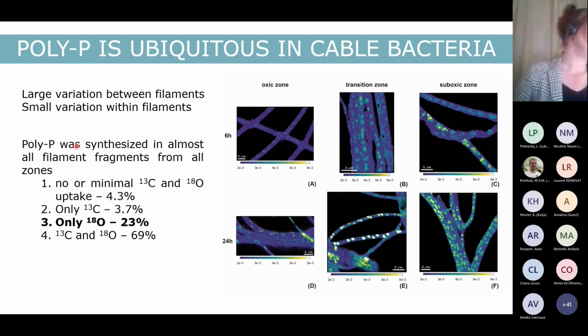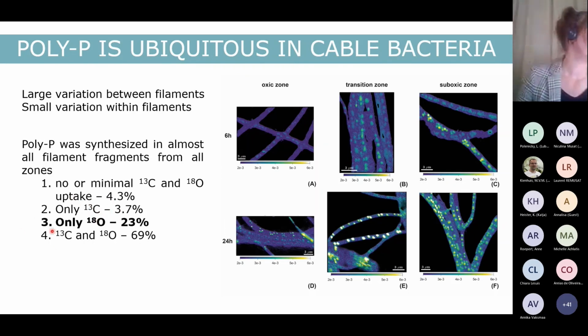And we could group all the filaments in 4 groups, where the first group only contained very few filaments that didn't grow, so didn't take up any 13C label and no 18O label in the polyphosphates. A few filaments showed only 13C labeling, so no polyphosphate labeling.